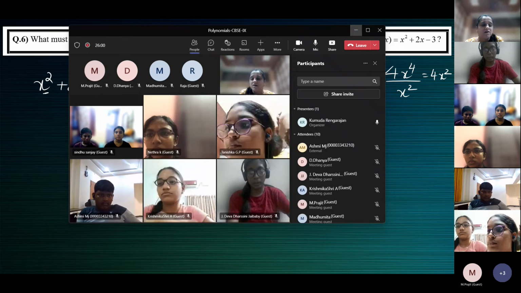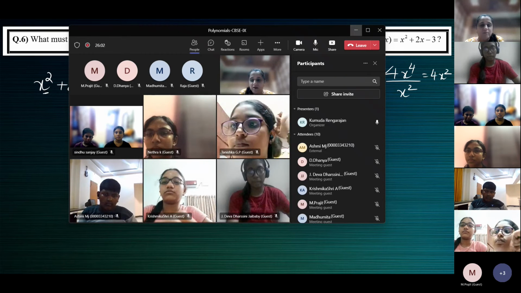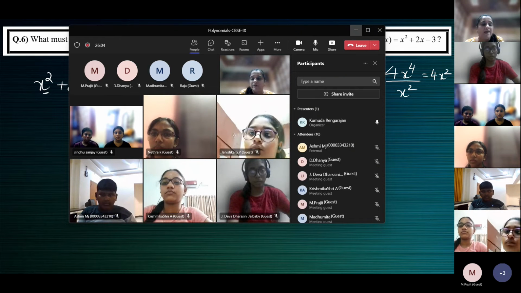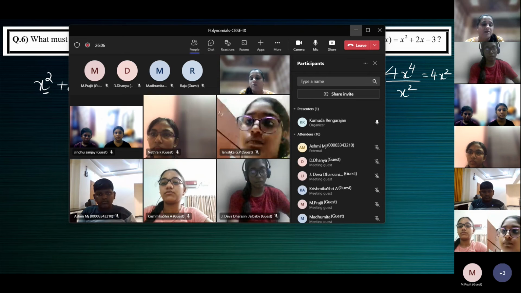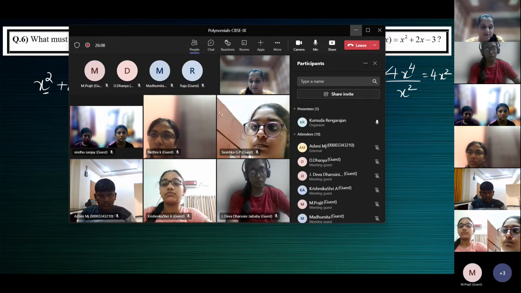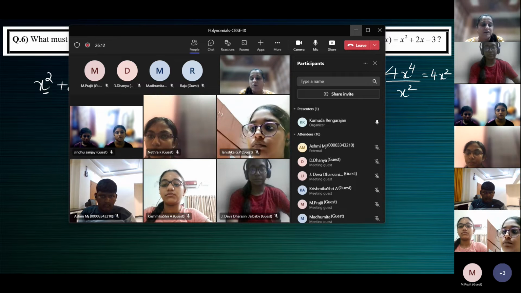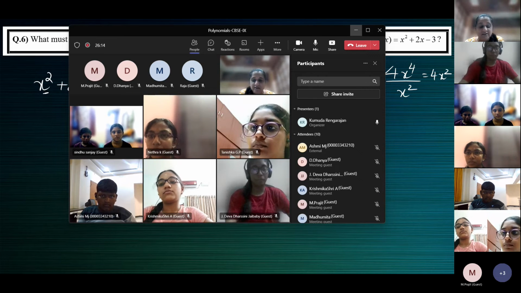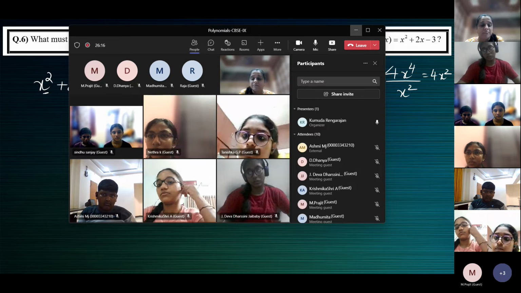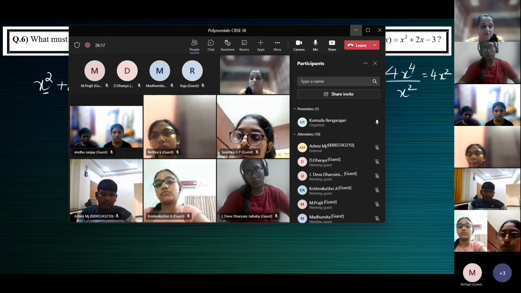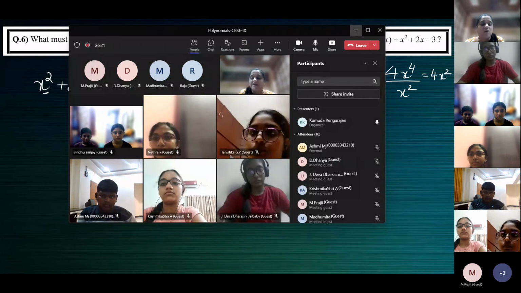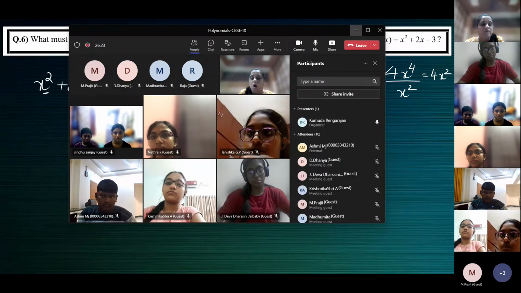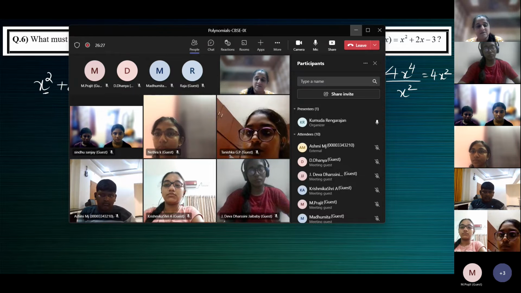Both the dividend polynomial and the divisor polynomial must be arranged in the descending order of the powers of the variable x.